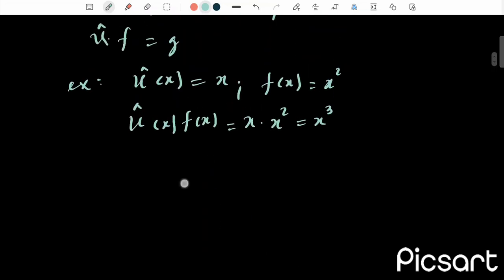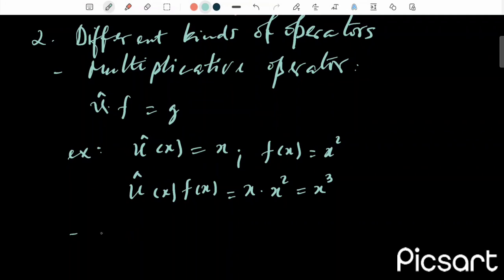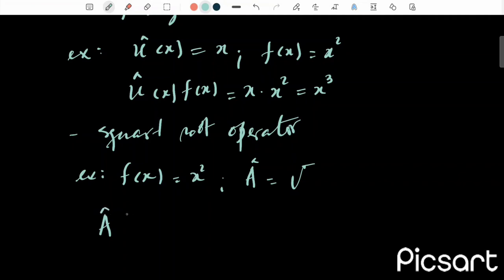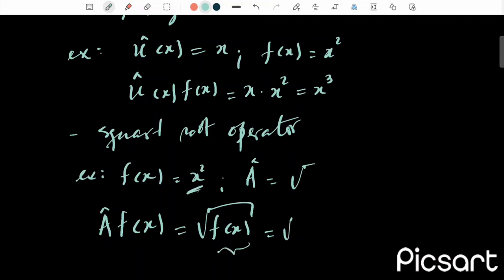Suppose our function again is f equal to x squared, and our operator A is equal to the square root, so that A acting on the function f, we have the square root of x squared, which is equal to the modulus of x as the solution.